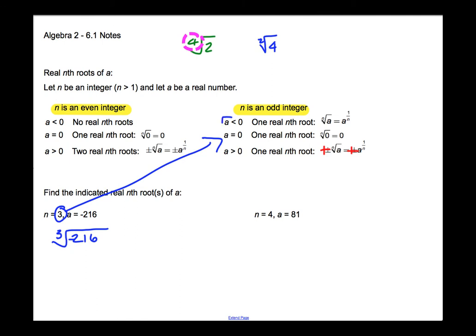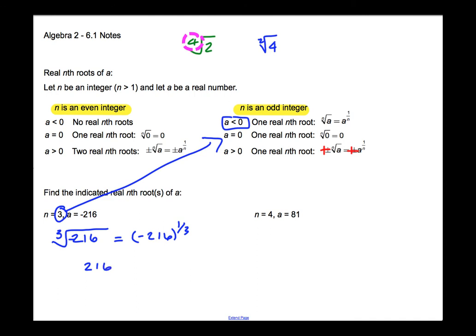So how many real roots do I have? Another way to write it is negative 216 to the 1/3 power. Well, what times what times what makes 216?